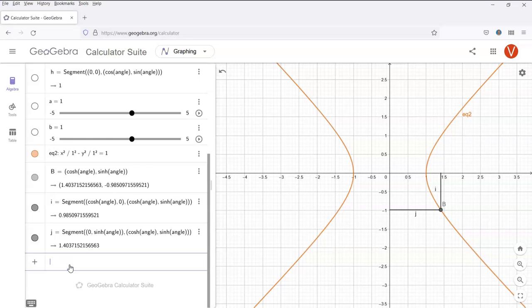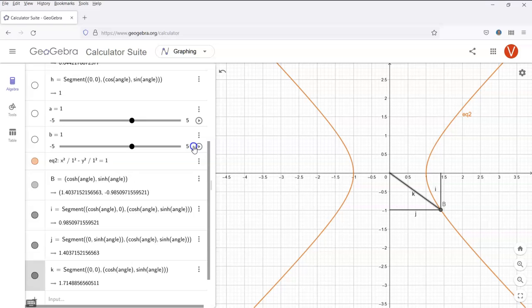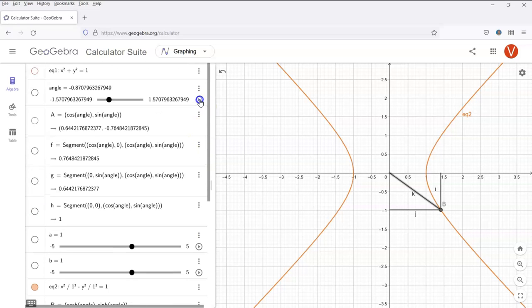Again, let's connect the point B with the origin. So segment from 0, 0 to cos angle comma hyperbolic sine of the angle. So again, let's play it now.